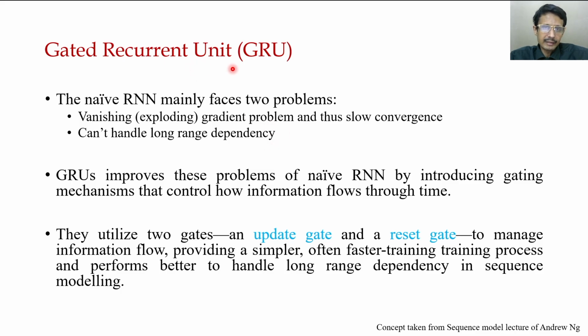Now this gated recurrent unit is going to improve these problems of the naive RNN by introducing the gating mechanism that controls how information flows through time. So they utilize two gates, as we said, an update gate and a reset gate, to manage the information flow, providing a simpler and faster training process and performing better at handling long range dependency in sequence modeling. That's the basic definition.